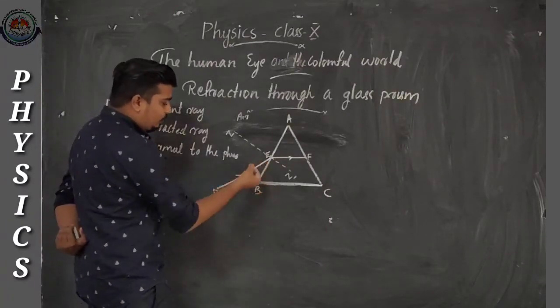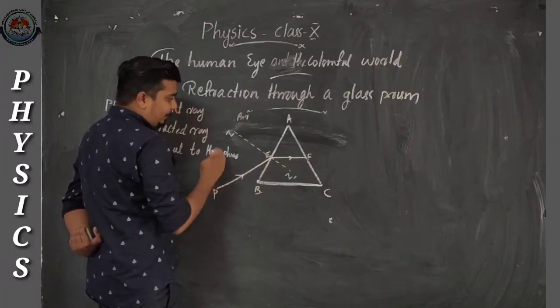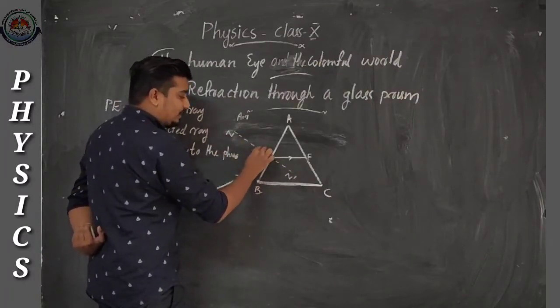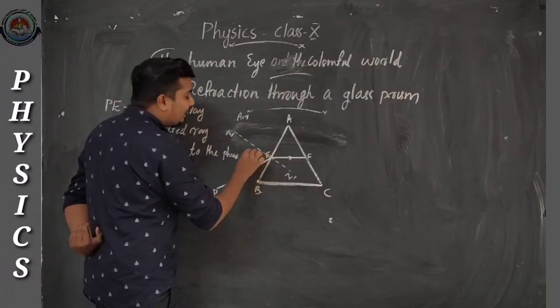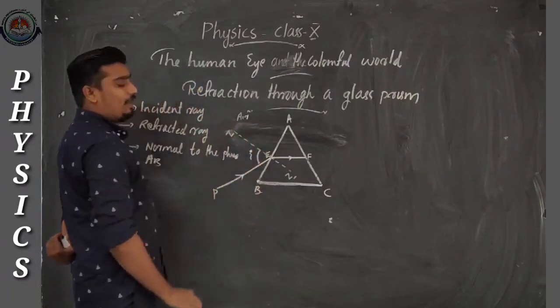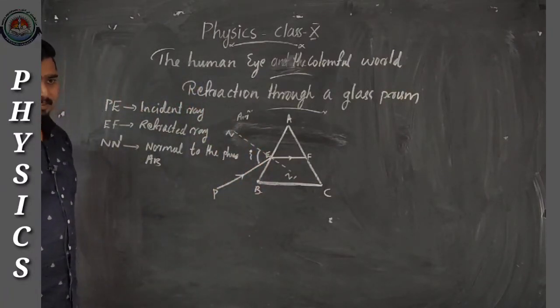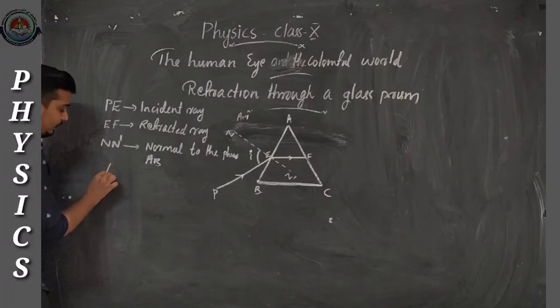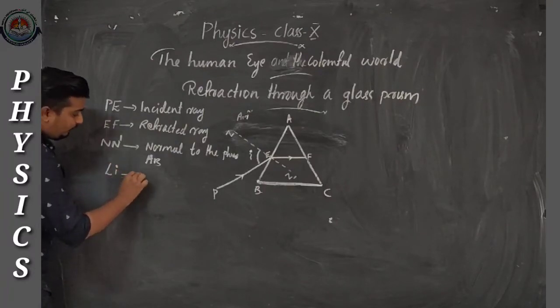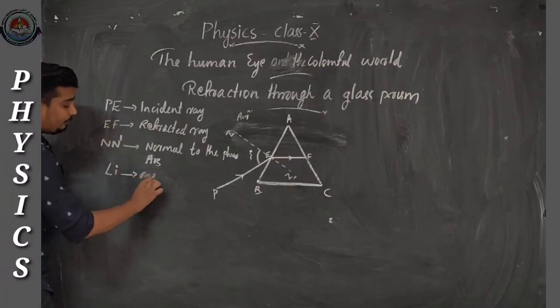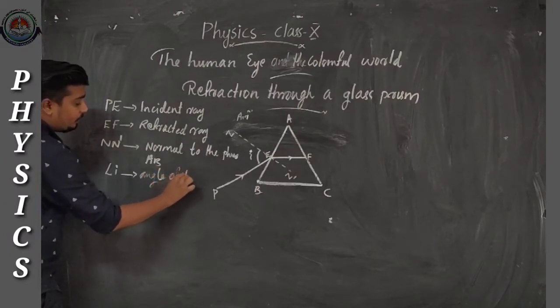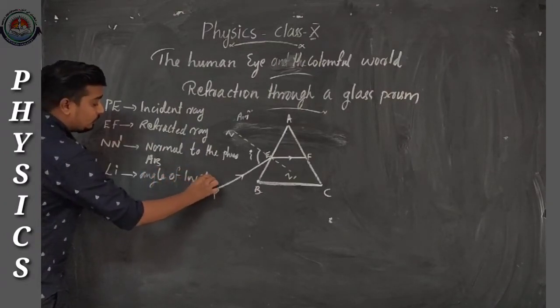The angle between the incident ray and this normal is called the incident angle I, that is angle I is called angle of incidence.